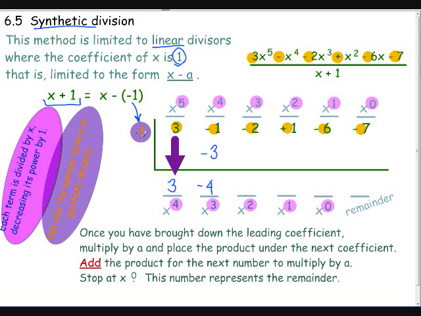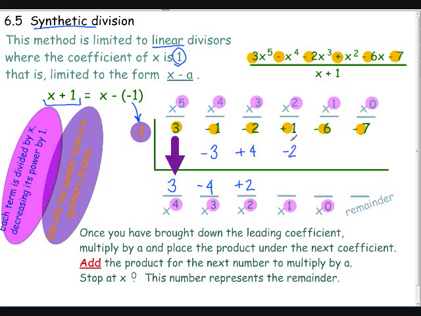Now we multiply again. We're multiplying a -1 times a -4. That's right. It'll give us a +4. Now we add. Gives us a +2. Multiply. -2.